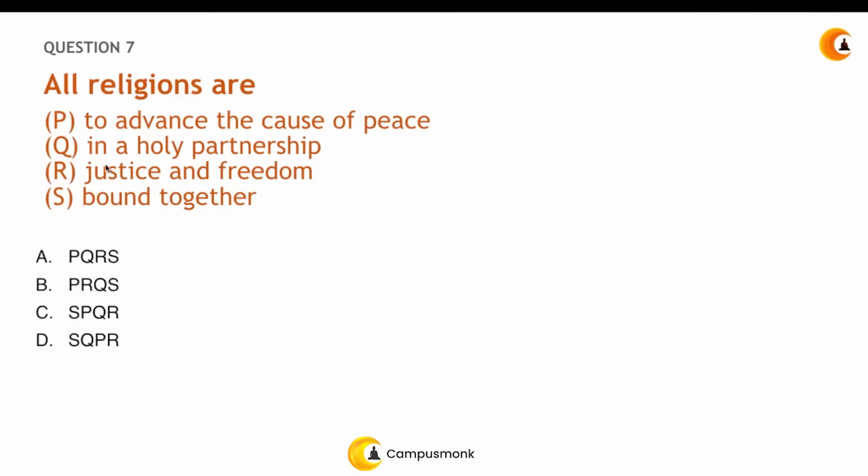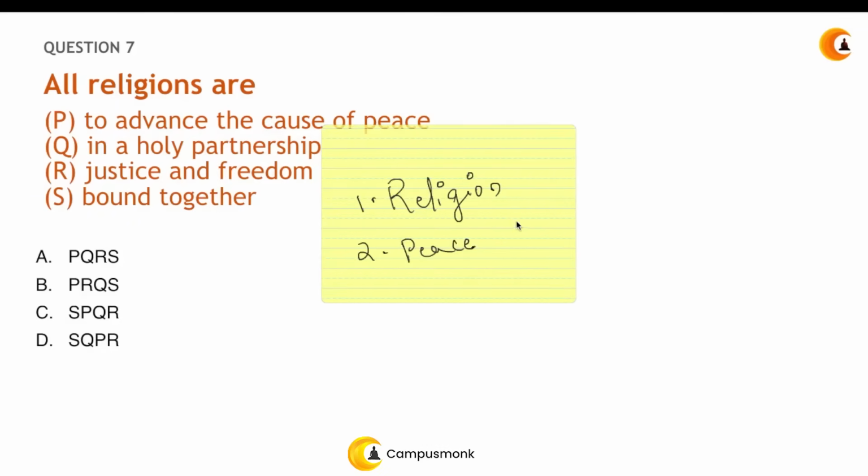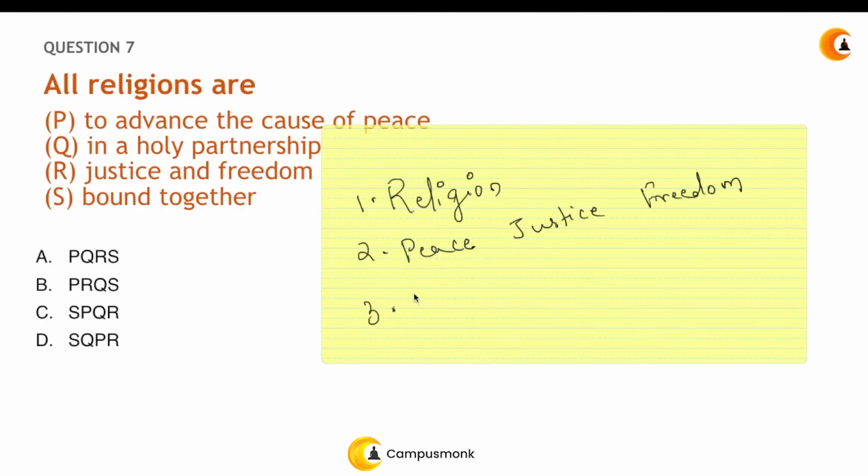Now, while I read all the 4 lines, I come across 4 things. One is religion. Point number 2, there are 3 specific words: peace, justice, freedom. Third, holy partnership.